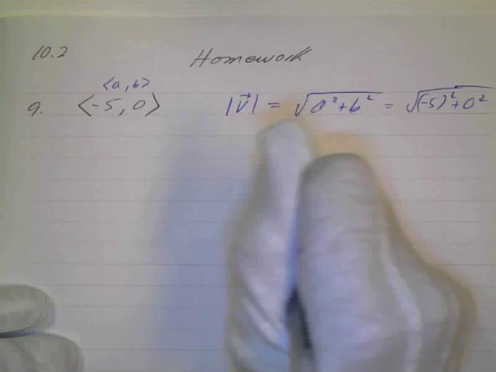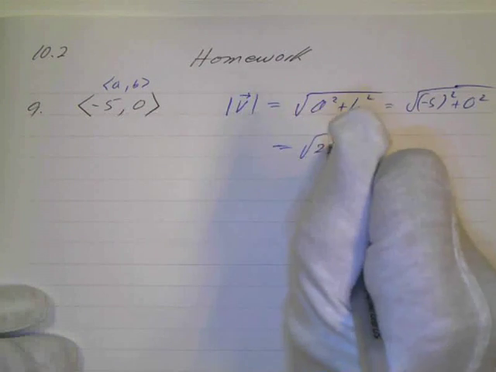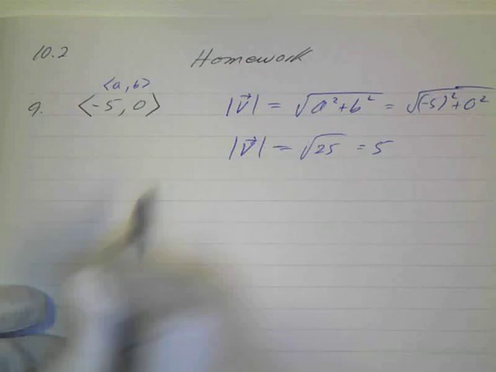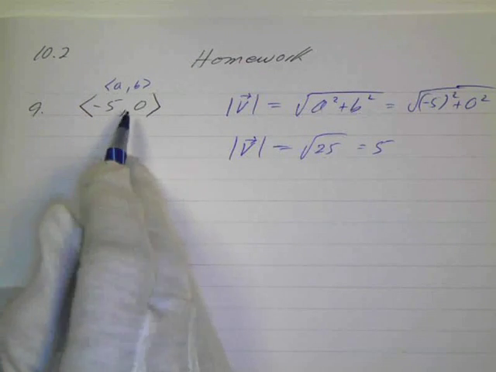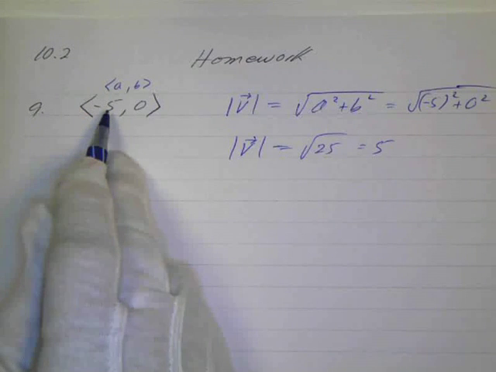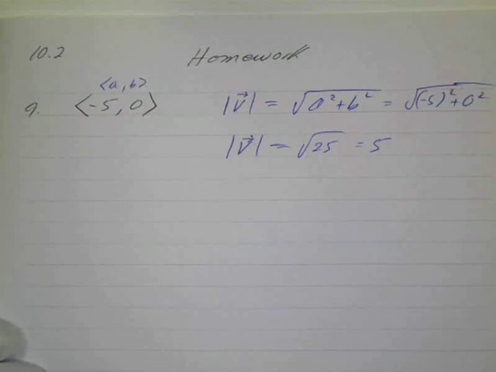That's just going to be equal to the square root of 25, which is 5. So my magnitude is just 5. In this case, it would just be the absolute value of the horizontal component. That's all. Okay, so that's pretty easy.